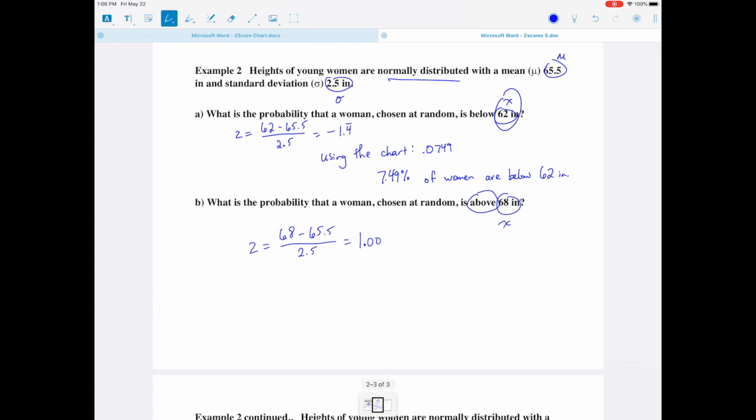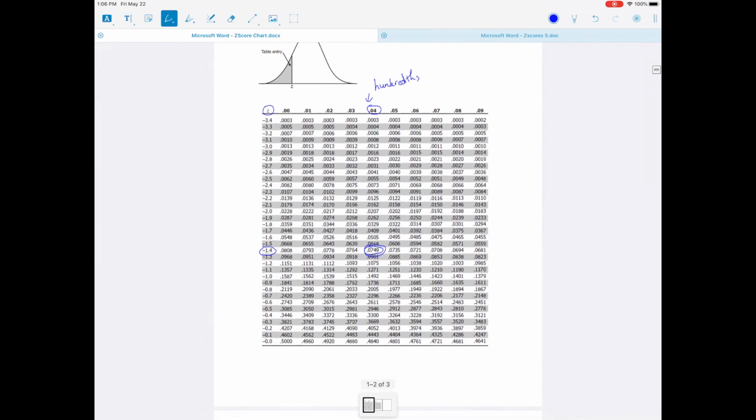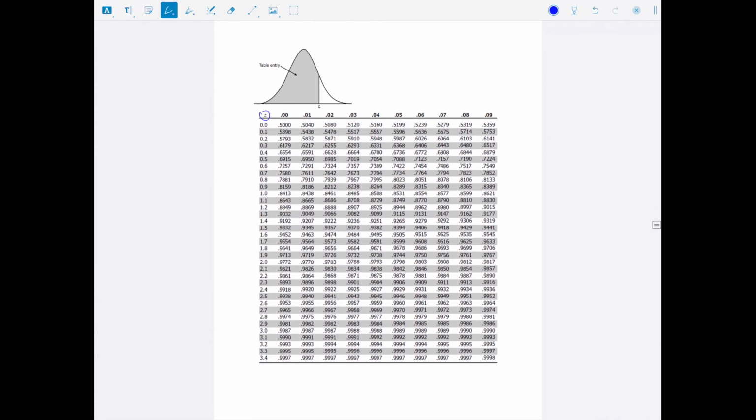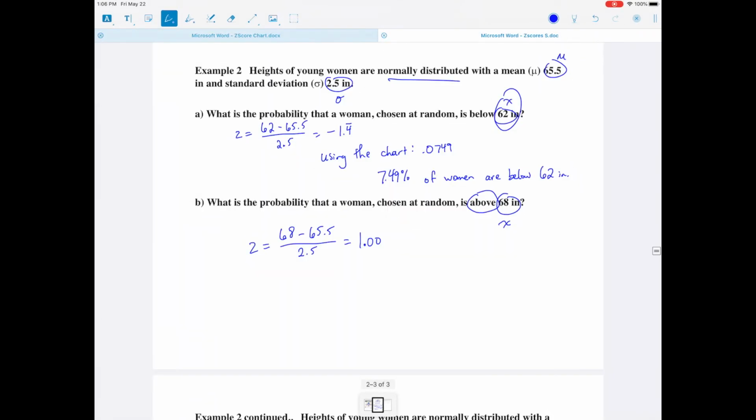Again, we go to our chart, and this time we're on positive. Here's our Z-score associated with a positive value, 1.0, and we want that second 0. So it's 0.8413. From the chart, we get 0.8413 are below. Remember, the chart always tells you below.